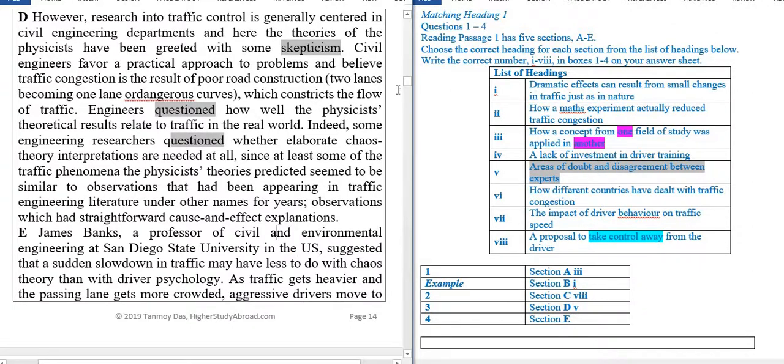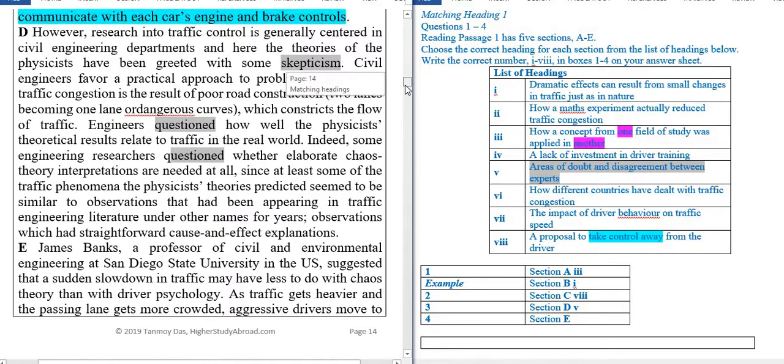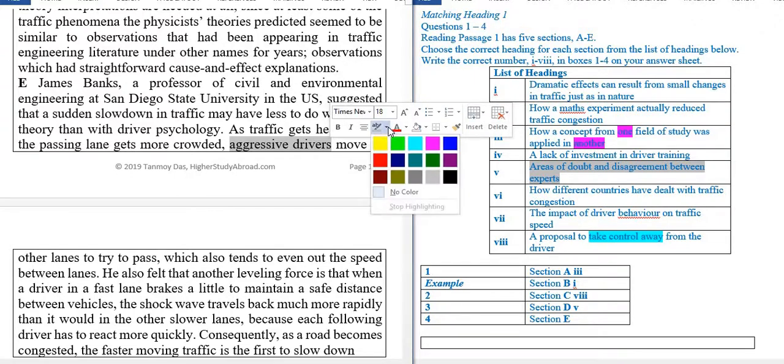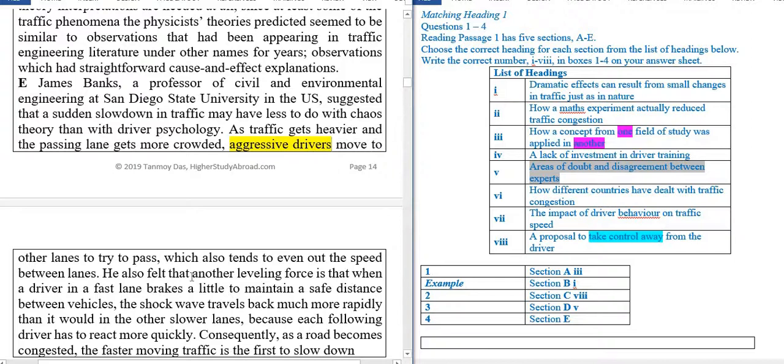Then section E. Aggressive driver. Leveling force.